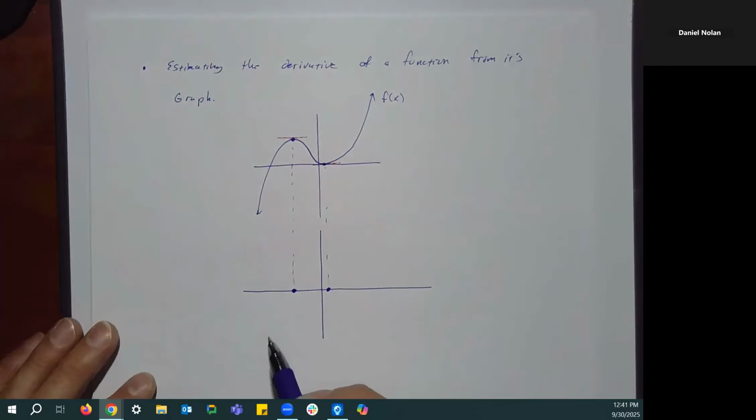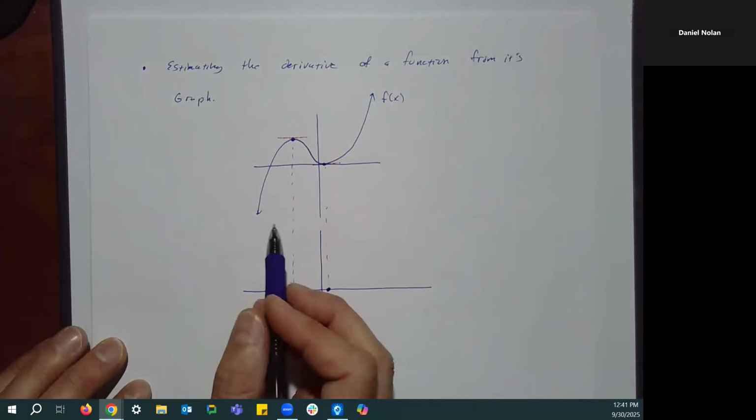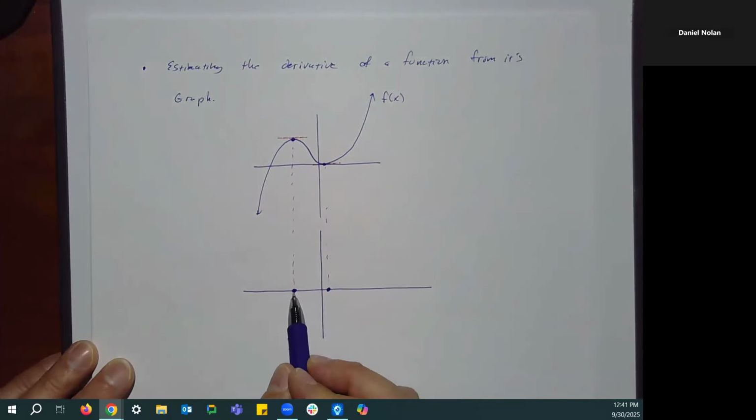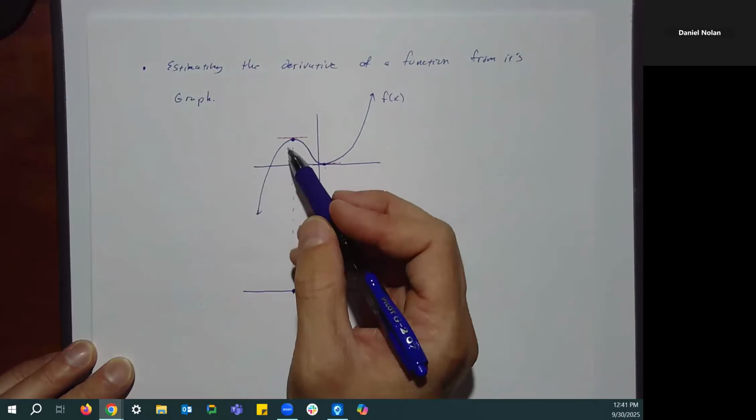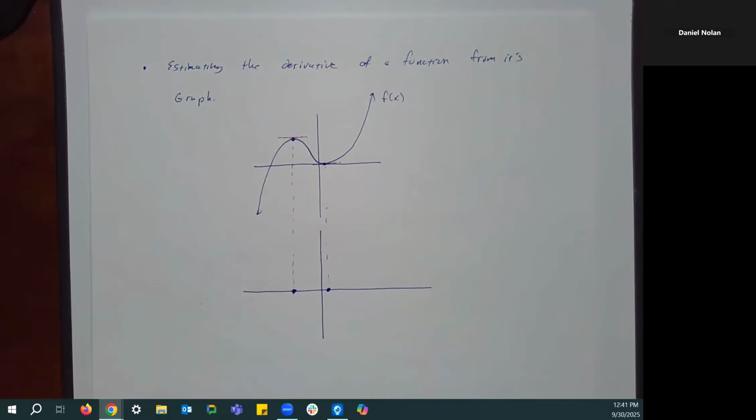Now, let's look at this leftmost portion here before this first intercept for the first derivative. Over here to the left, what's my original function doing? Is it increasing or decreasing? Definitely increasing, right? As you go from left to right, the y values are getting larger and larger.